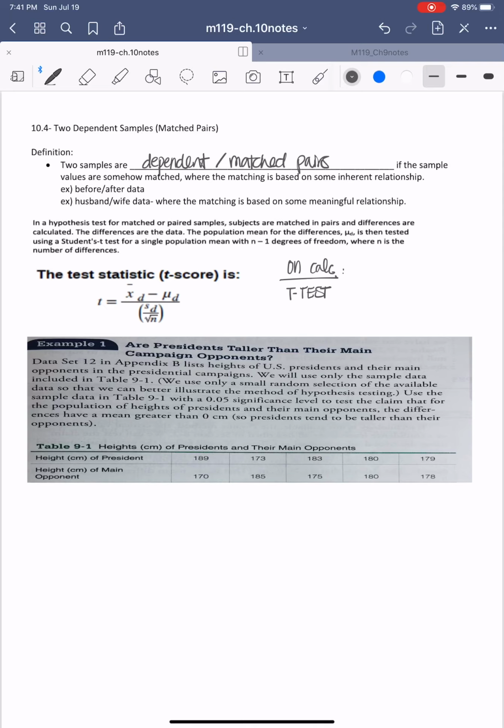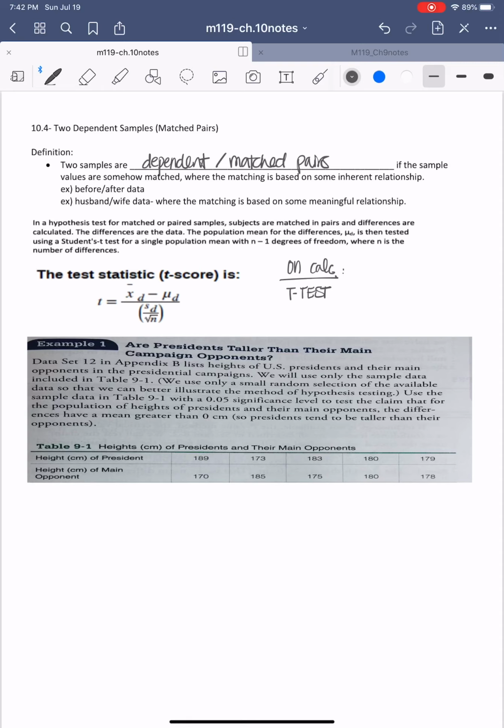Are presidents taller than their main campaign opponent? Data set 12 in Appendix D lists heights of US presidents and their main opponents in the presidential campaign. We will use only the sample data included in Table 9-1. We use only a small random selection of available data so that we can better illustrate the method of hypothesis testing.